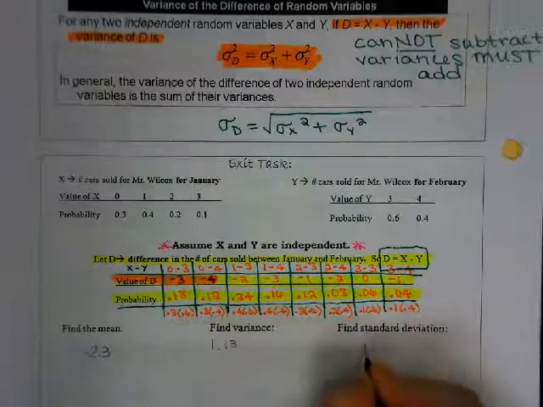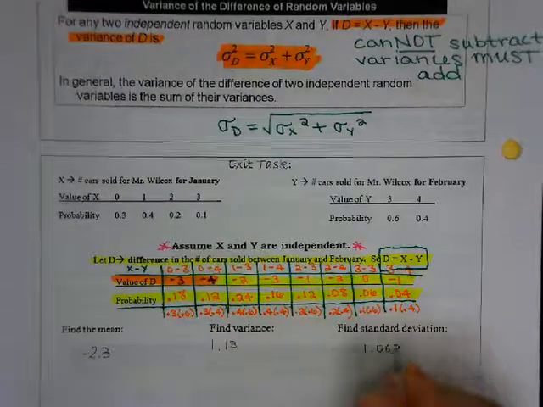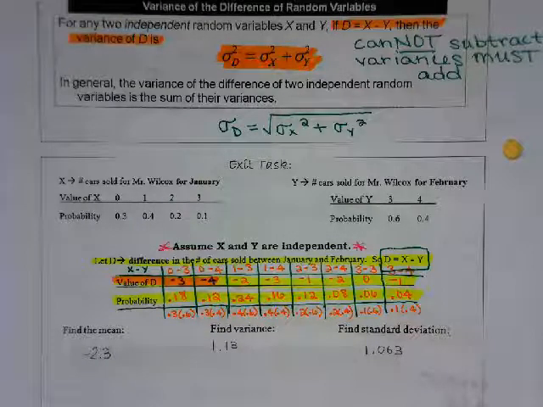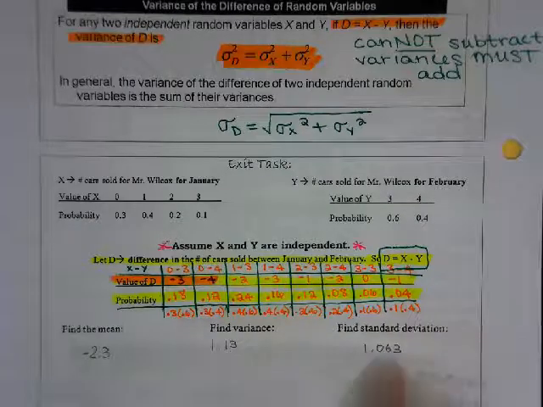Alright, walking around, most of you have this. Mean is negative 2.3. Standard deviation, you get 1.063. And then to find your variance, you would do 1.063 squared.